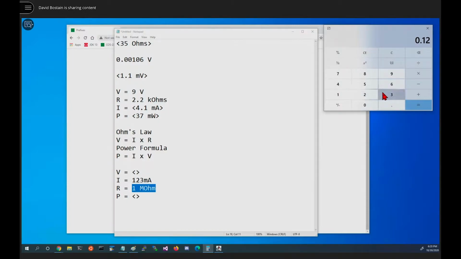So 0.123 amps times 1 meg, which is 6 zeros, so times a million, equals that number in volts.